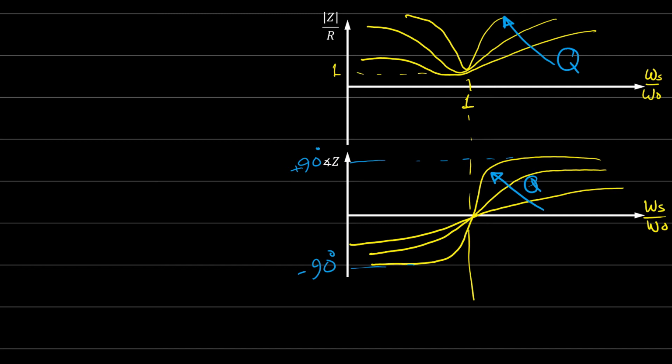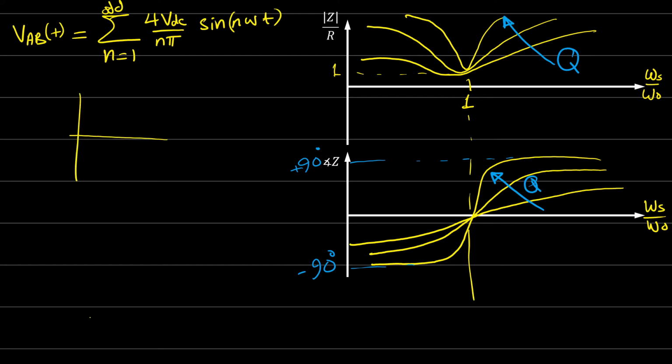Clear? Now let's try to find the value for the voltage VAB, the input voltage. The input voltage is equal to how much? VAB of t is equal to how much? Sum from n equals 1 to infinity, for odd values only, odd harmonics, okay, of 4 VDC over n times pi sine n omega t.